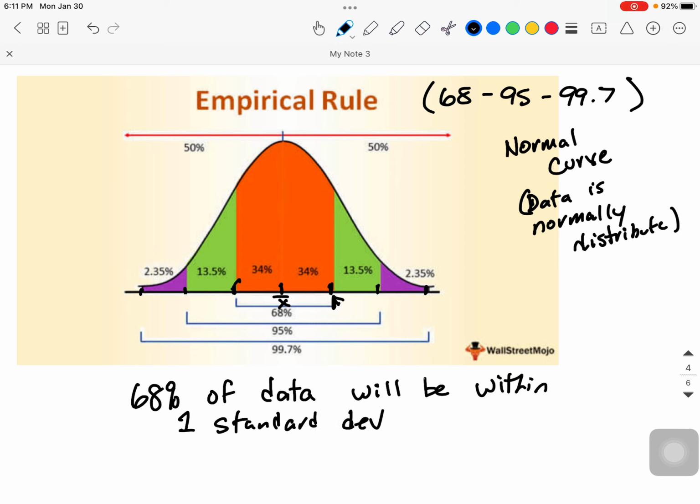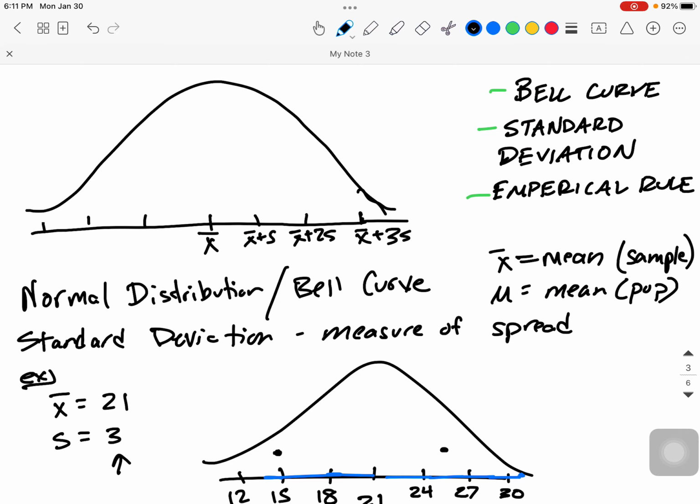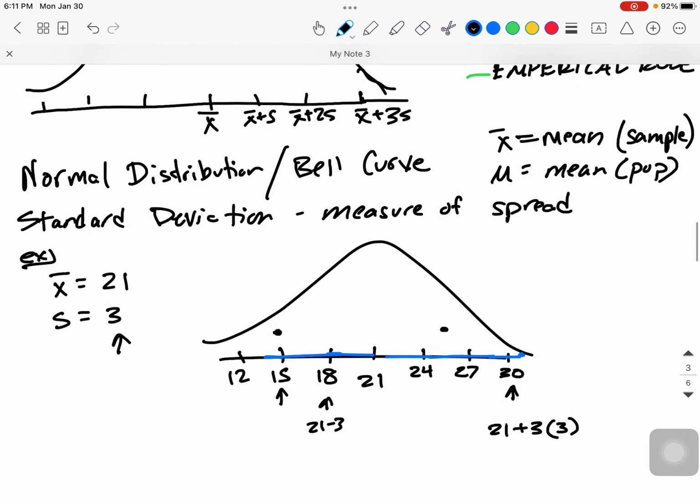And that's what's tried to show here in orange. So if I go back to my last example, in this instance, I could say that 68% of the data is between 18 and 24, tying it to an actual number.